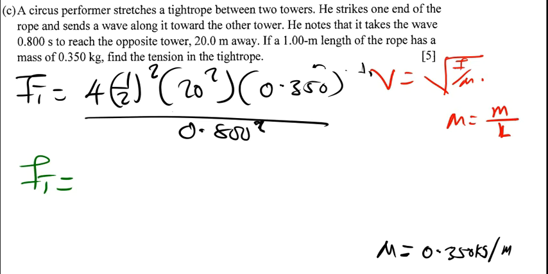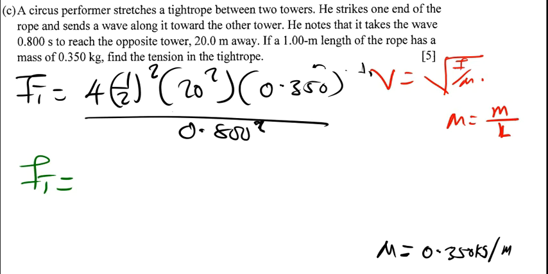So it's going to be 1 times 20 squared times 0.35. That gives me 1, because 4 times 1/4 is 1.